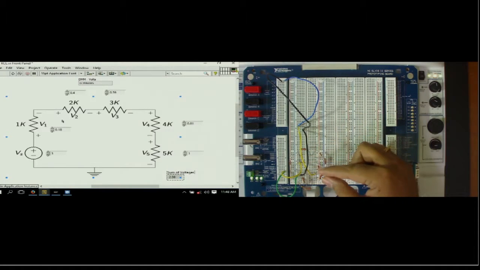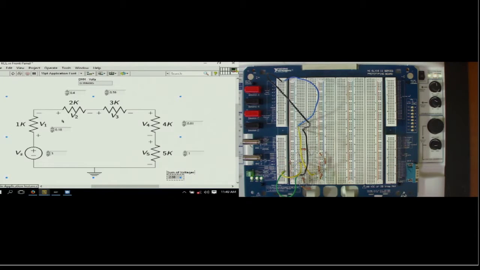The resistors present here constitute 4k, and across them we call the voltage drop V4, and across these three resistances we are going to find the voltage drop V5.